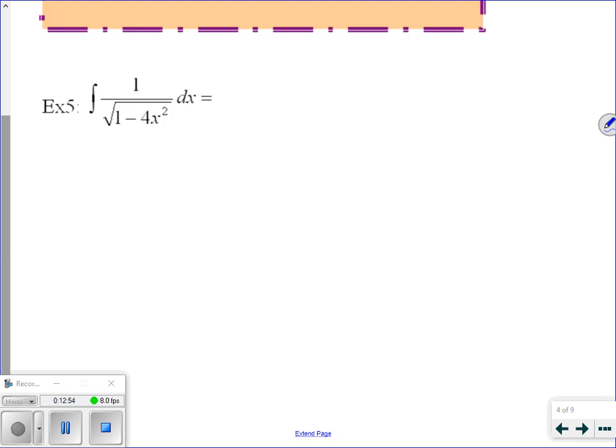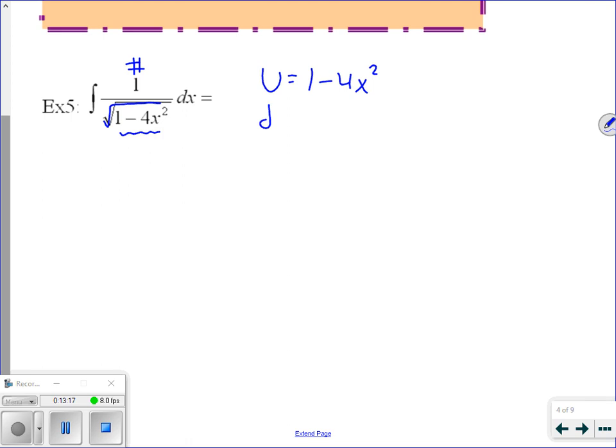This is a problem that we're going to get used to recognizing: we have the square root on the bottom, just a number on top, and a function squared inside. If I had given you this problem before, you might have said u equals 1 minus 4x squared, because that is an inner function.